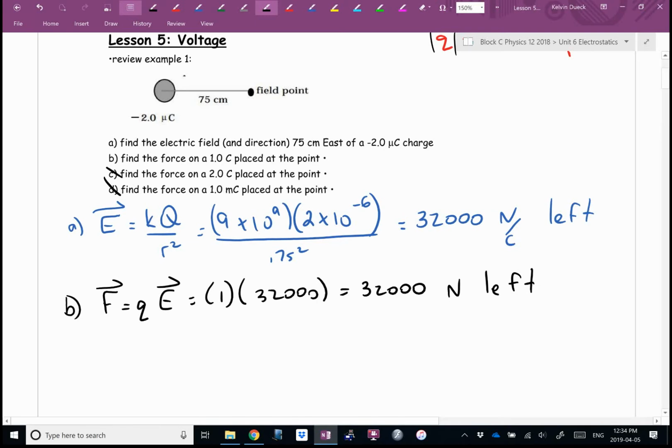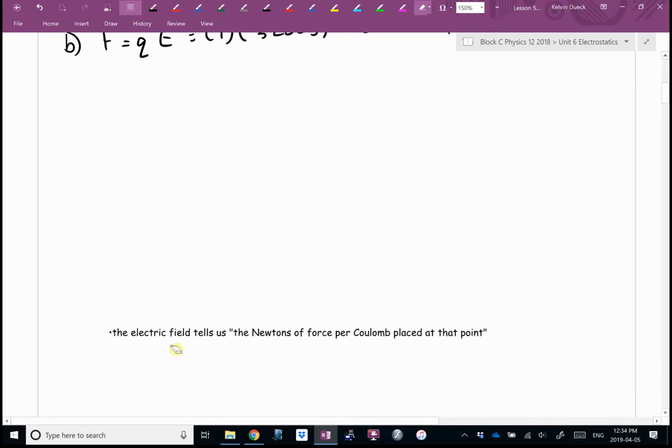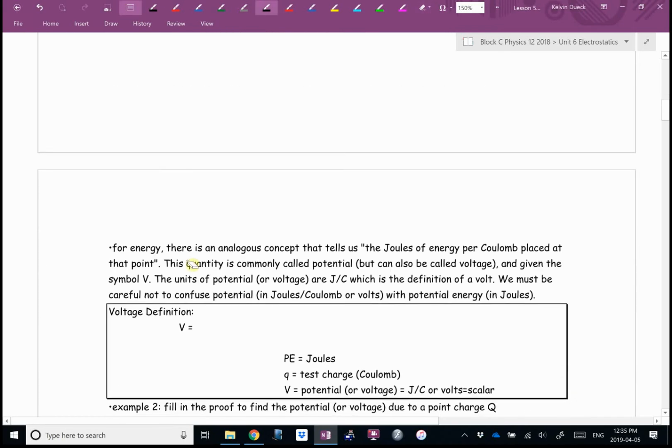For energy, for potential energy, there is something similar. So electric field tells us newtons of force per coulomb at that field point. For energy, there is an analogous, a similar concept that tells us joules of energy per coulomb at that point.